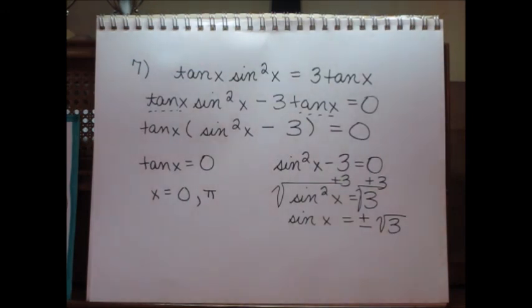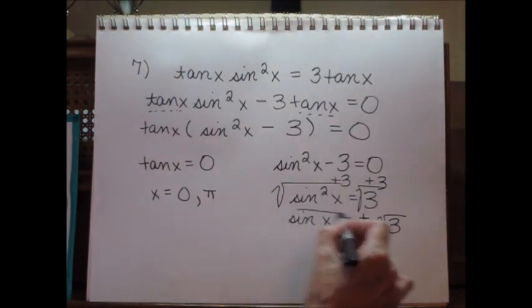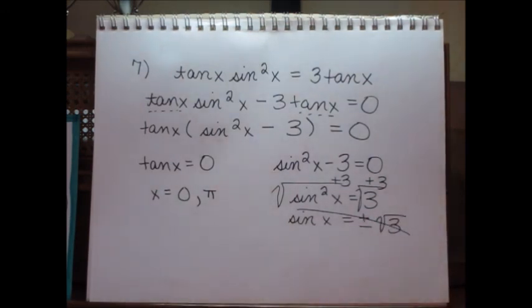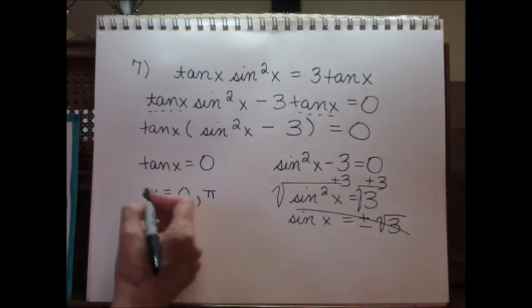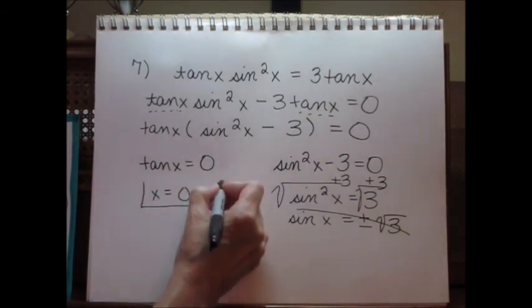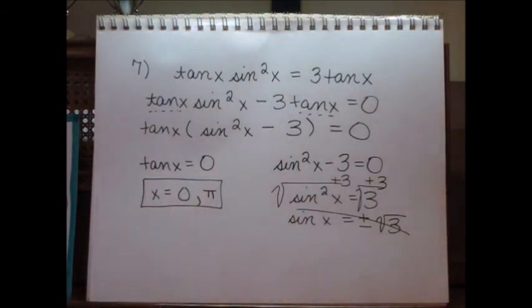If you take the square root of 3 and put that in your calculator, you're going to see that the square root of 3 is definitely bigger than 1 again. So square root of 3, it's too big. Negative square root of 3 would be too small because it can only be between negative and positive 1. So this is not going to yield a solution. One more time, that's just not going to give us an answer. But the only solutions we get are x equals 0 and x equals pi.